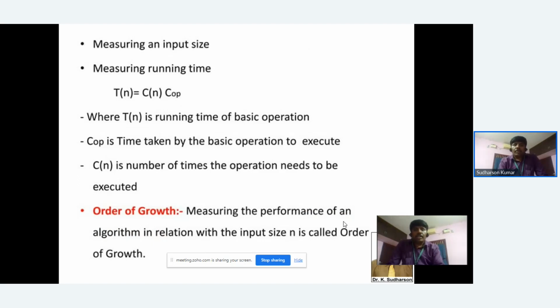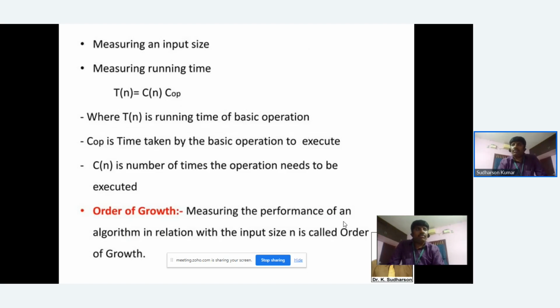We measure time complexity by the number of basic operations executed and the number of times the basic operation is executed. These two things are very important while calculating time complexity.